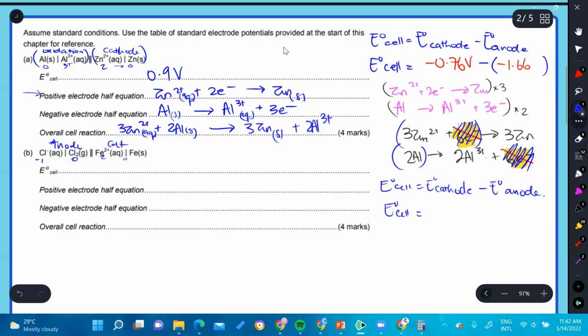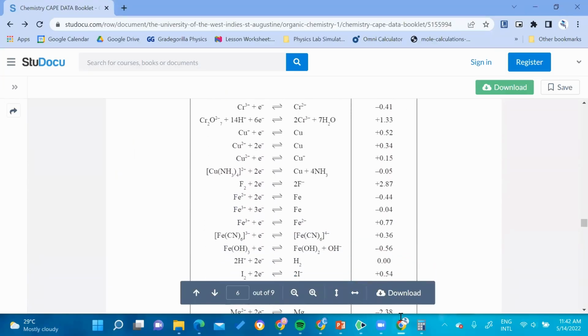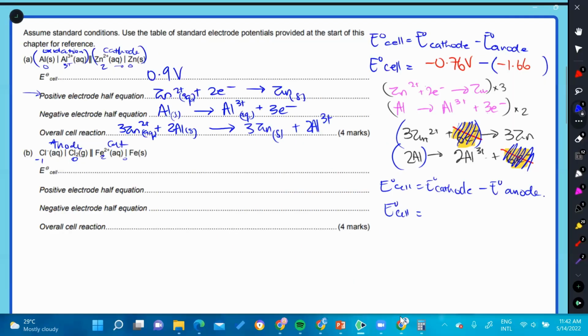So Fe2+, and be very much aware that you have Fe3+ as well. So please look at these carefully. We have Fe3+ to Fe2+, but what we're looking for is Fe2+ to Fe, which is the first one here, which is negative 0.44 volts. So we're going to put that in.